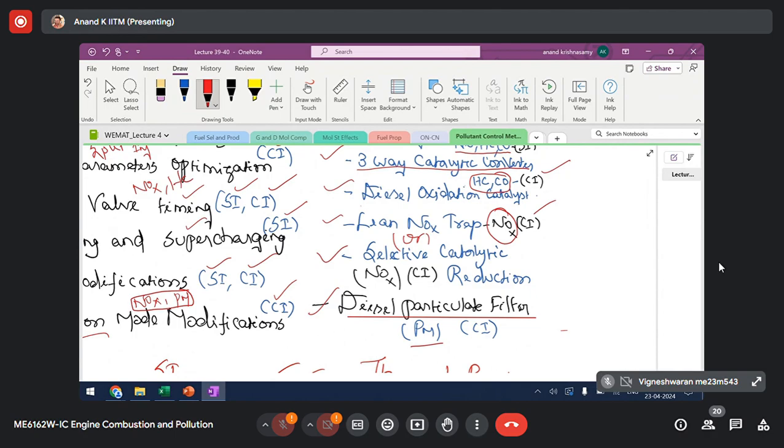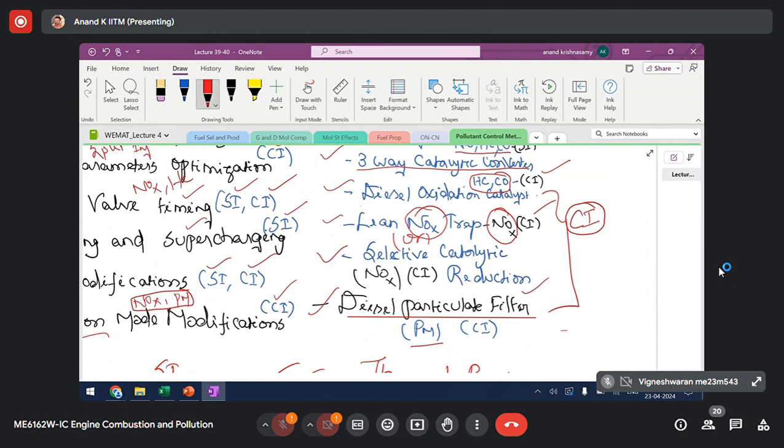So you could see that after treatment control is complex for CI engine because you need to use different devices for controlling different pollutants. DOC, diesel oxidation catalyst, is used for HC and CO control. Lean NOx trap or SCR, selective catalytic reduction, is used for NOx control. For particulate control, we need to use diesel particulate filter.